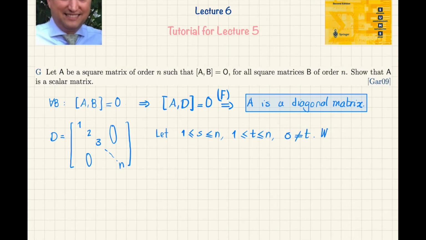We show that A tt is equal to A ss. So I'm trying to show that the element of matrix A on the tth row and tth column is equal to the element on the sth row and sth column. I want to show that.